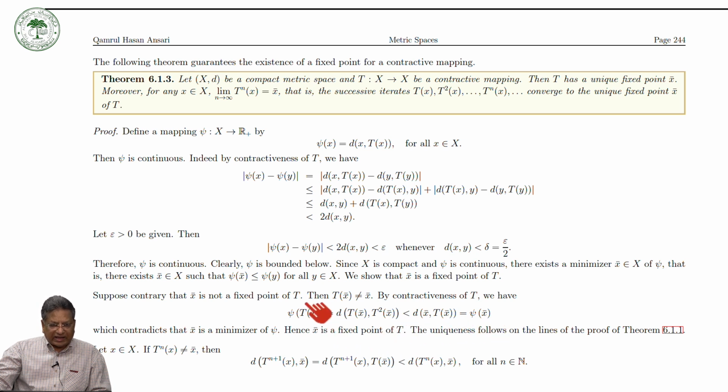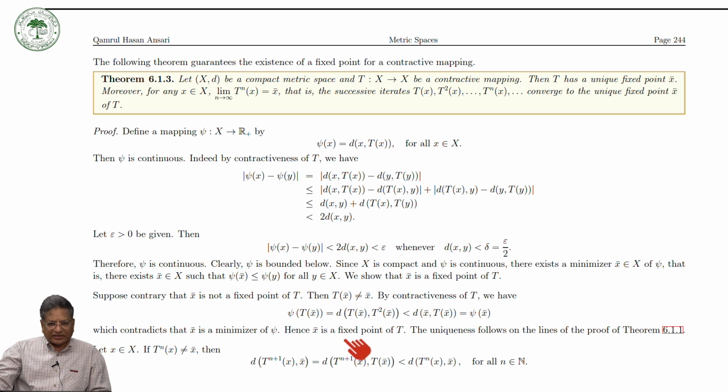It means that psi of x bar is not the minimizer of the function psi. But psi x bar is the minimizer, which we have proved. So this contradicts that x bar is a minimizer of psi.